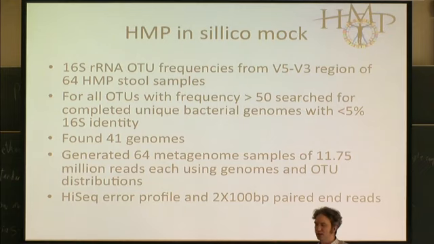We generated 10 million reads for each of our 64 simulated samples. That basically corresponds to doing one or I think two rapid runs of HiSeq. And then with a realistic HiSeq error profile, we generated 2 by 100 base pair paired end reads, also with a realistic insert size. So this now gives us a data set where we've got 41 different genomes distributed across 64 different samples with these realistic relative frequencies.